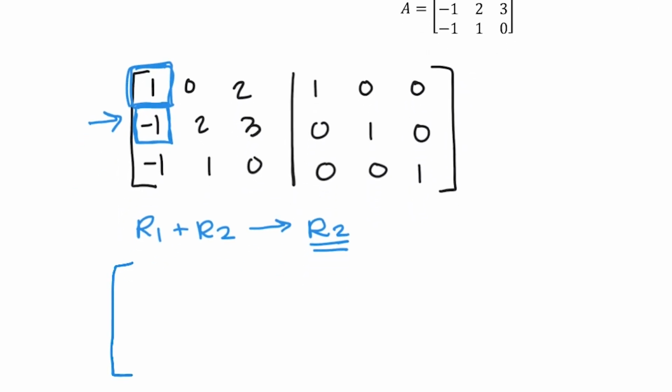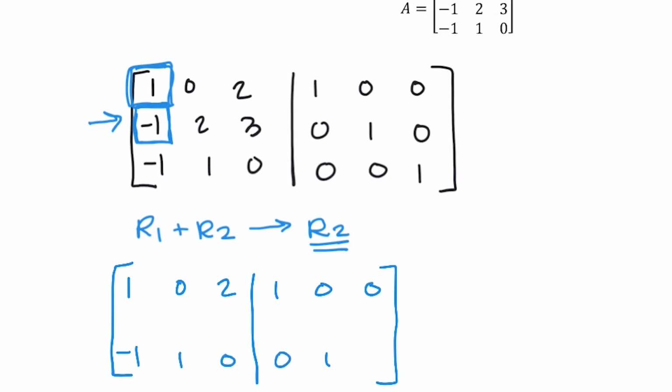So that means when I rewrite this matrix, row 1 is staying the same. So I can fill that in. Row 3 is also staying the same. I'm not changing that. But to get row 2, we're going to add the rows together right here.